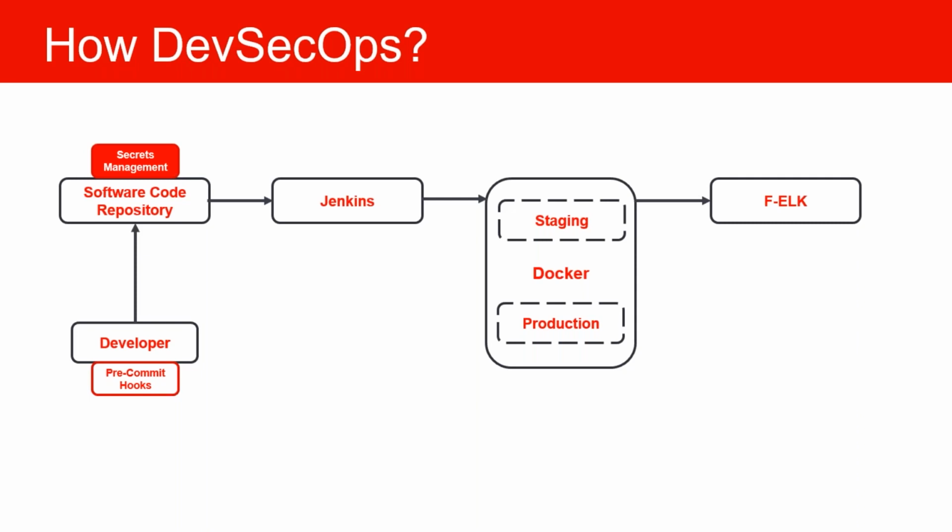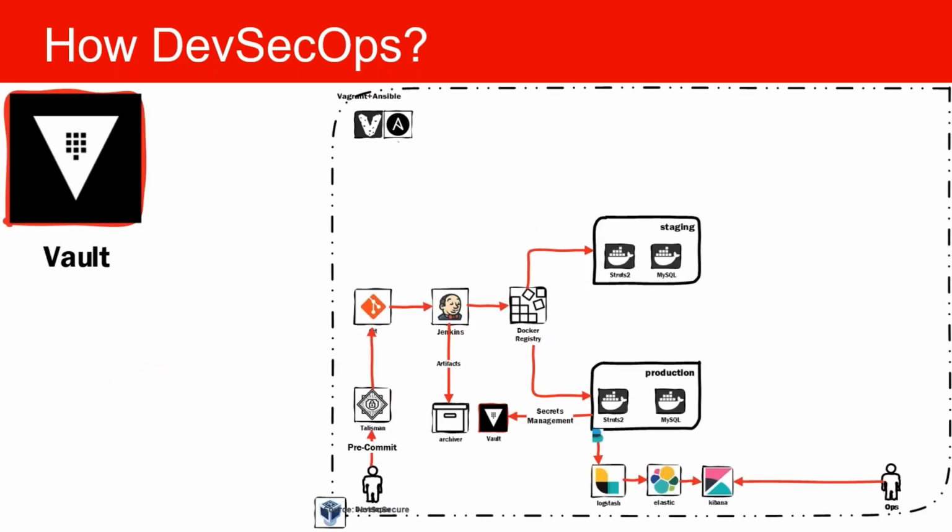But this information is stored in clear text, and this is a big issue from a security perspective, because if there is any compromise, even in your Docker system, your environment variables can easily get exposed, exposing your sensitive information. So what can we do? In a DevSecOps environment, having a secrets management solution is extremely important.